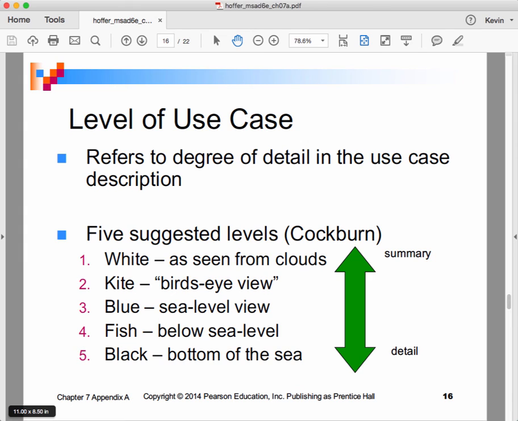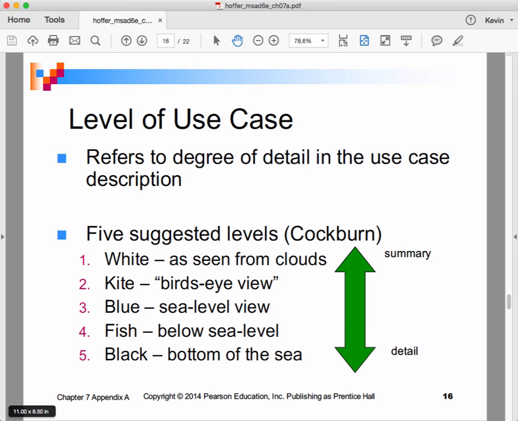There are people who believe that you have levels of use case. And this is a very popular idea. It's not one that we're going to be using in our course. We're going to come up with one sort of level of use case. We're not going to have some that are at a high level and some that are a low level and all that kind of stuff.